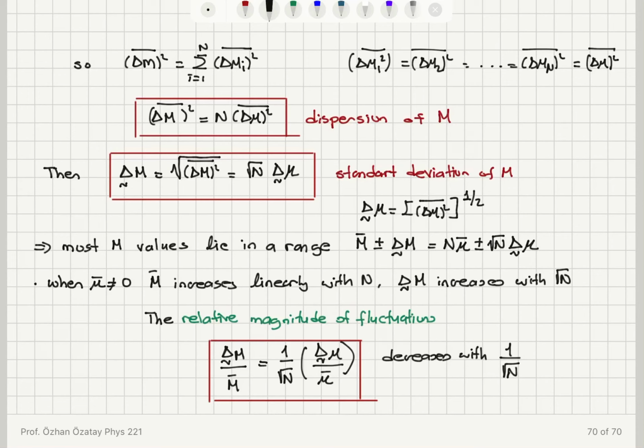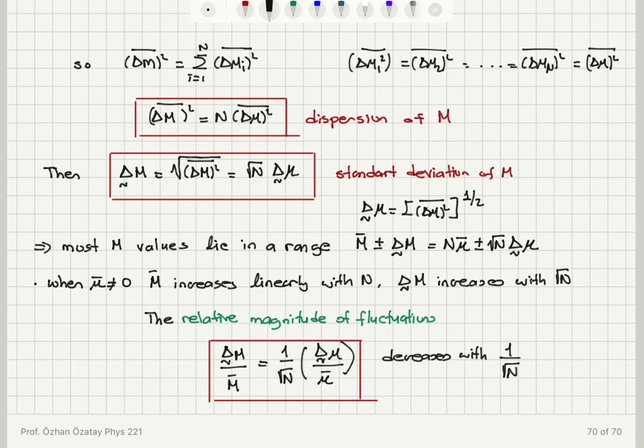And they are also the same because the probabilities for being up and down are the same for each magnetic moment. The standard deviation is square root of N times the standard deviation of each magnetic moment, and therefore I would see that my total magnetic moment values would be in the range N, capital N, times mu bar, plus or minus square root N times the standard deviation of mu.